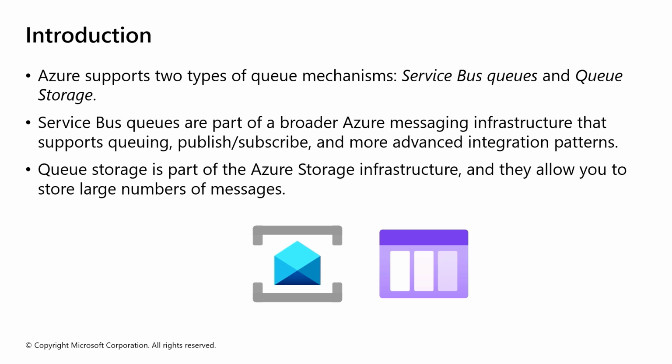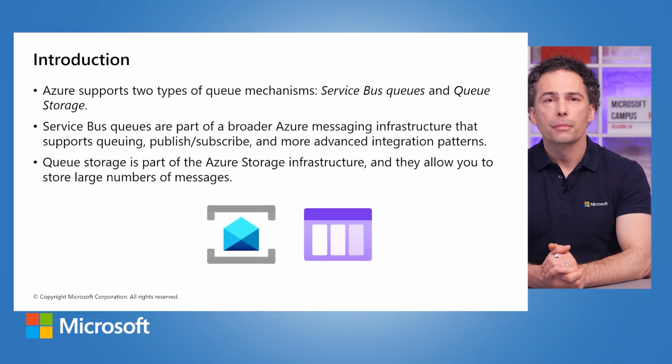Service Bus queues are part of a larger Azure messaging platform that supports queuing, publish, subscribe, and more complex integration patterns. They are designed to connect applications or components that might use different communication protocols, data contracts, trust domains, or network environments. Well, we have two services, so which one should we pick?